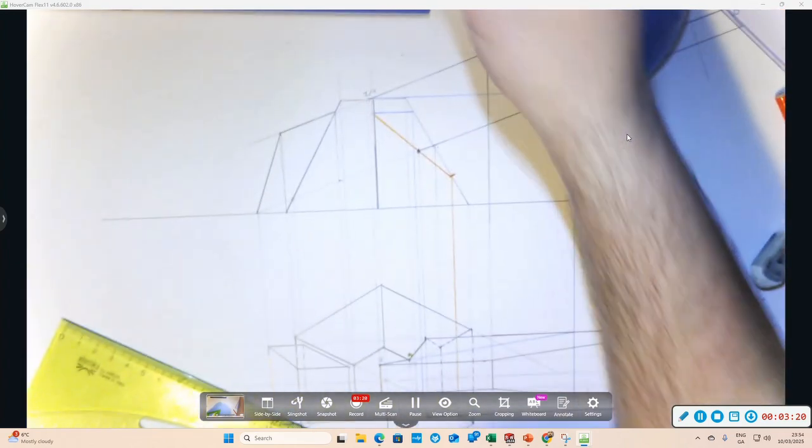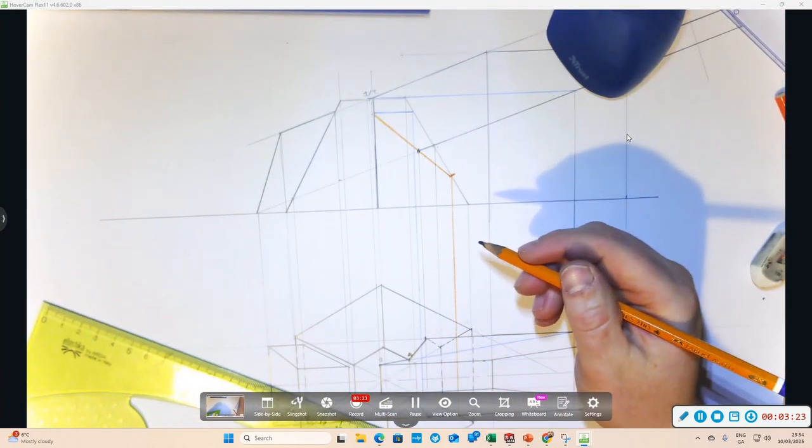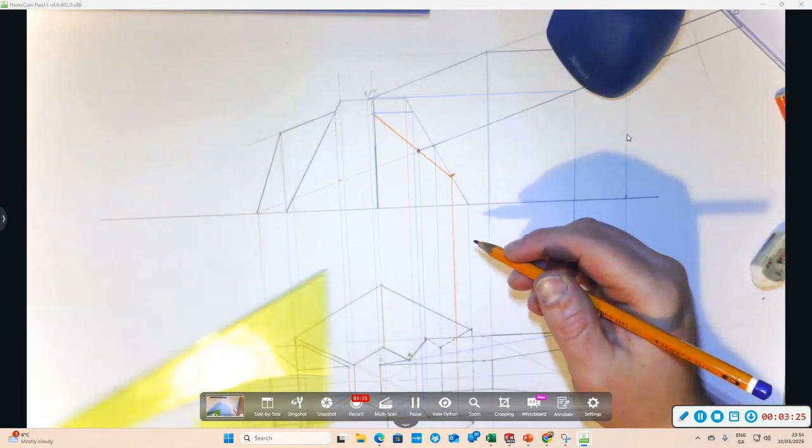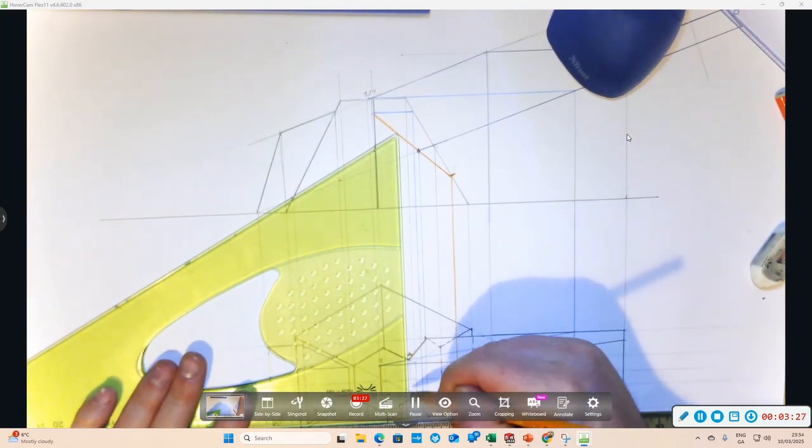And then our elevation, we have to bring 3 and 4 back up.